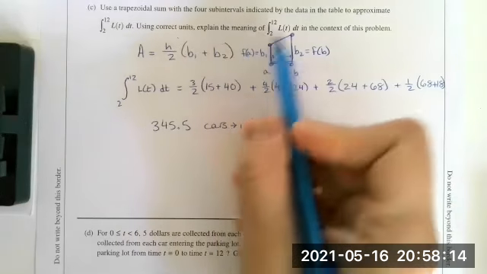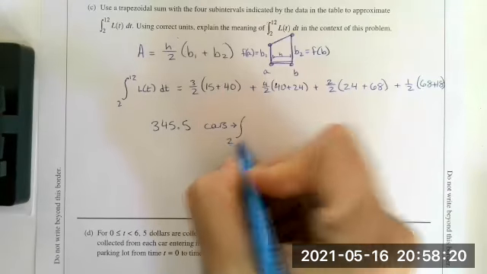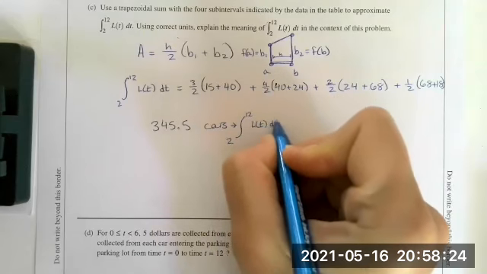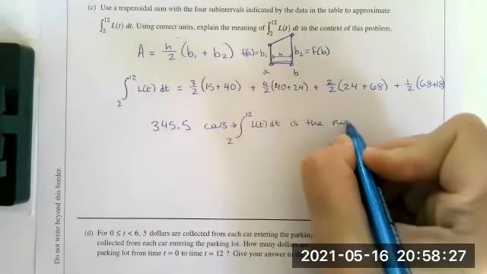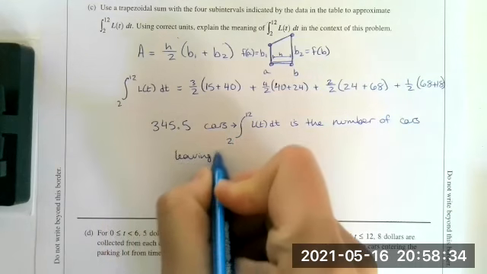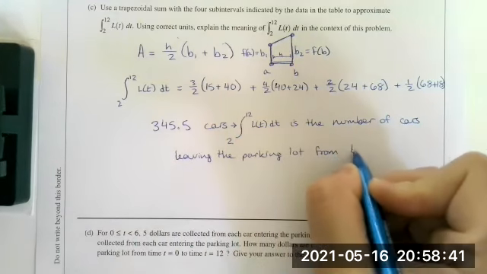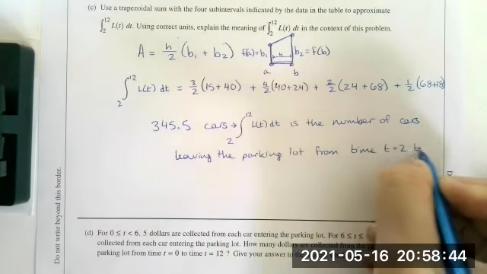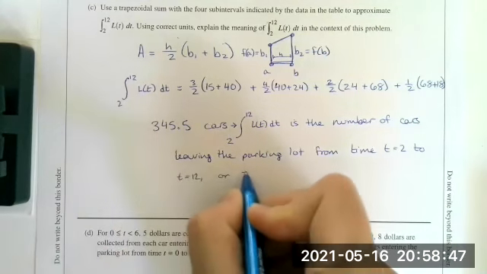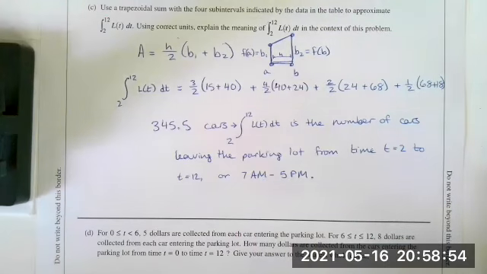And I'll go ahead and actually interpret this integral instead of the number of cars. So the integral from 2 to 12 of L of t dt is the number of cars leaving the parking lot from time t equals 2 to t equals 12, or 7 a.m. to 5 p.m. Of course, you can interpret that in a couple of different ways, but the key points are noun, units, time.